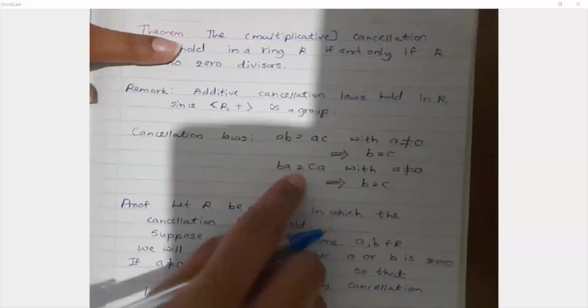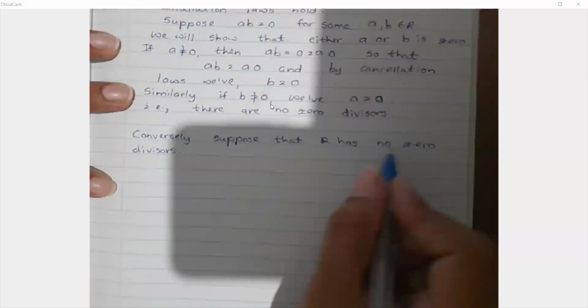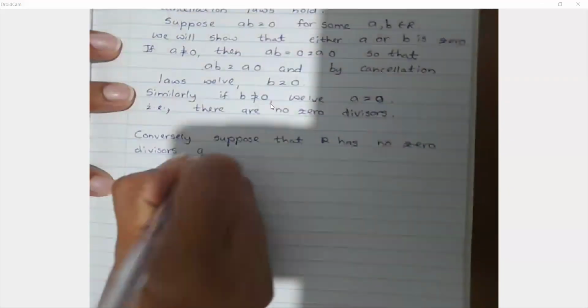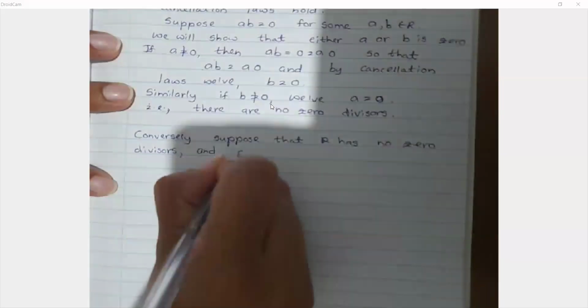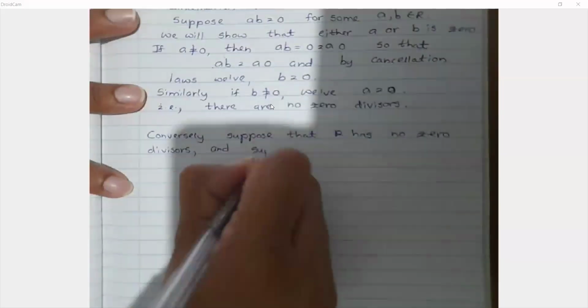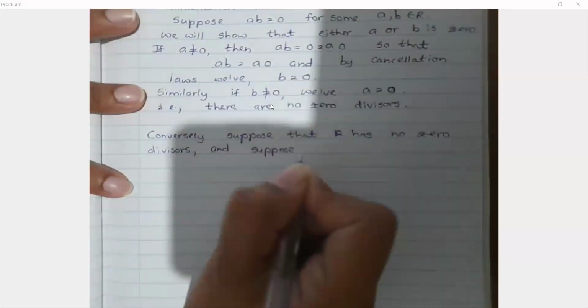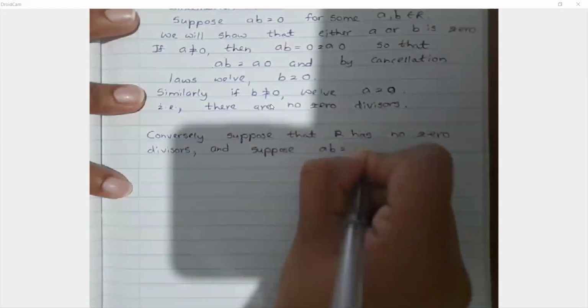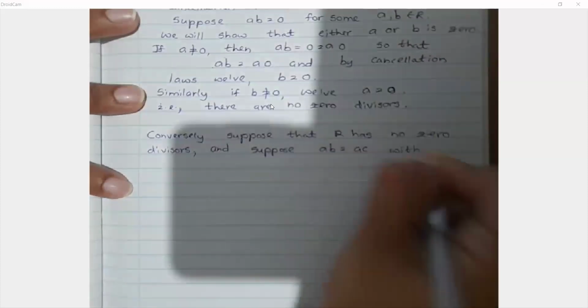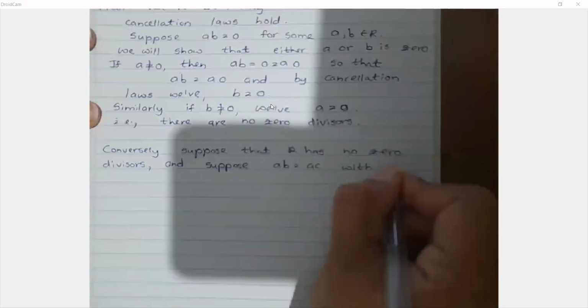Conversely, suppose that R has no zero divisors, and we have to show that the cancellation laws hold. So suppose AB is equal to AC with A being non-zero.